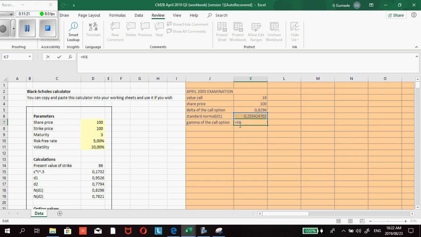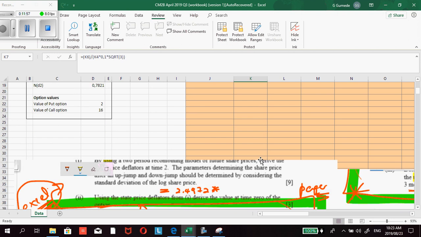The order of operations will be this divided by the share price, which is 100, times my volatility, which is 0.1, times the square root of my maturity time minus my initial time, that is 3 months. I'm going to take the square root of that and close the bracket. And I see my gamma.